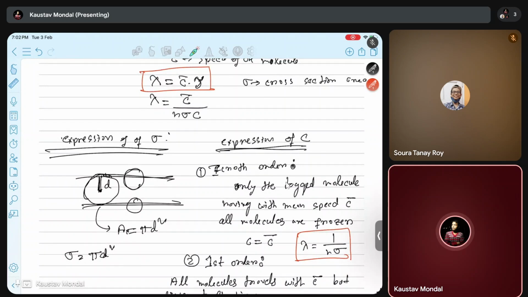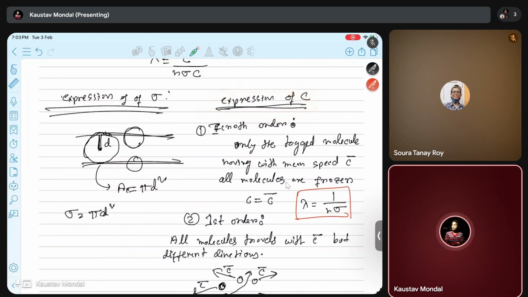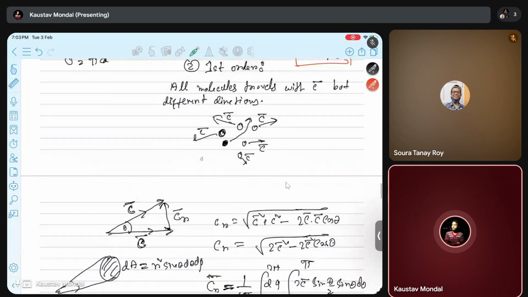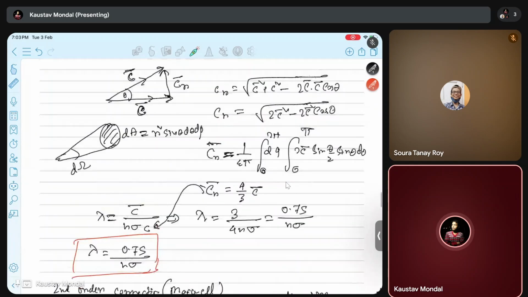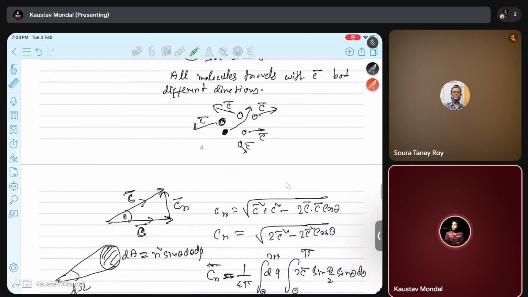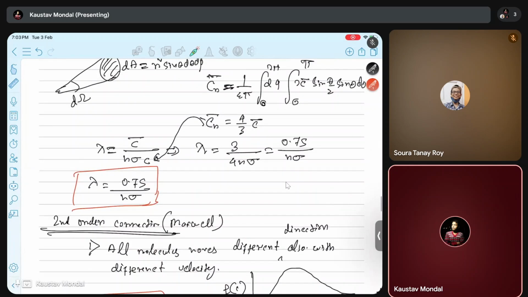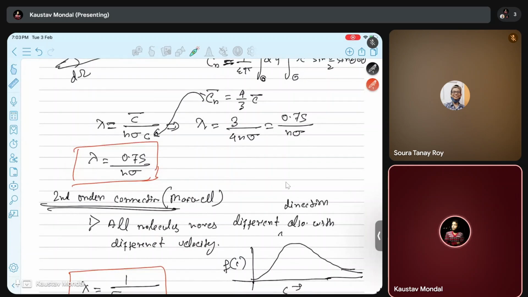To get the expression of c, we first considered that all the molecules are frozen. In that case, c is simply c bar, that is the zeroth order. For the first order correction, we considered that the molecules are moving in different directions but with the same speed, and after doing that, this is the expression we got.